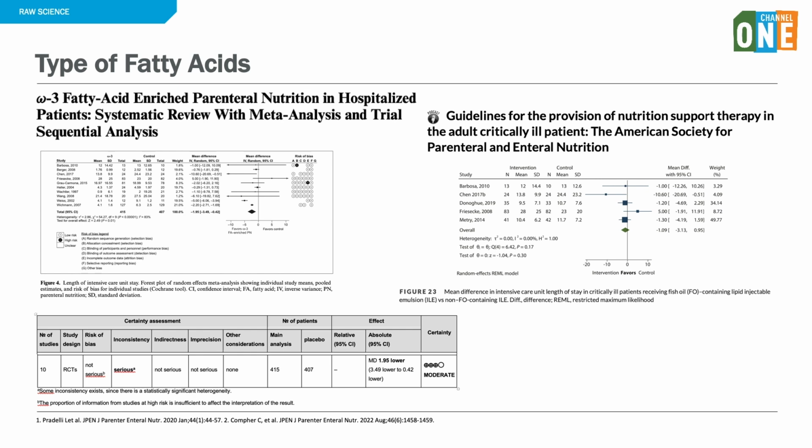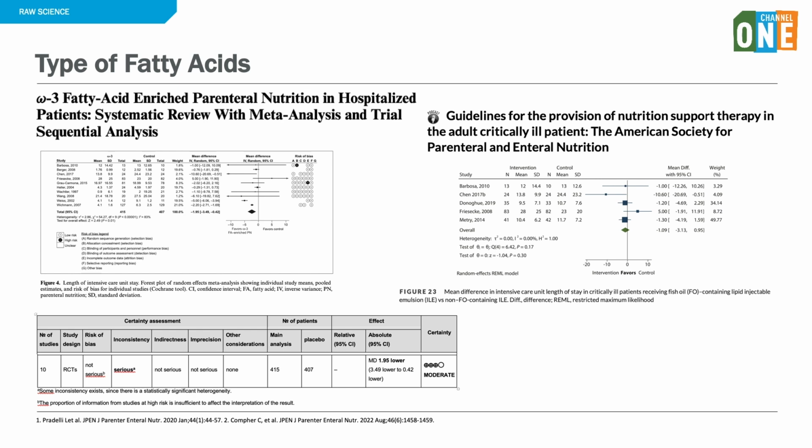And why is that? Because in the first meta-analysis, it was only in post-operative patients, while in the second meta-analysis by ASPEN, you see here that they included all of the trials in the ICU.